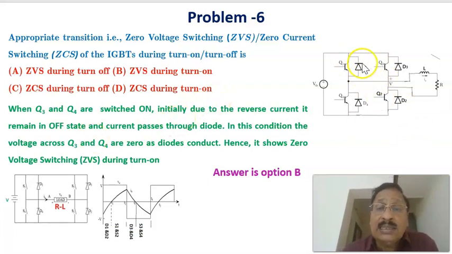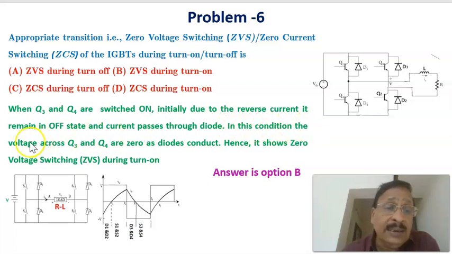For analyzing this, in the H-bridge circuit, consider when Q3 and Q4 are switched on. Before switching on Q3 and Q4, because of the inductive load, there can be a reverse current flowing through D3 and D4, so the diodes conduct.